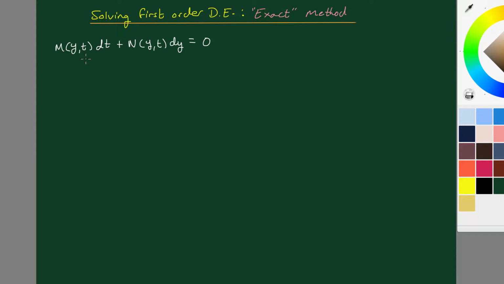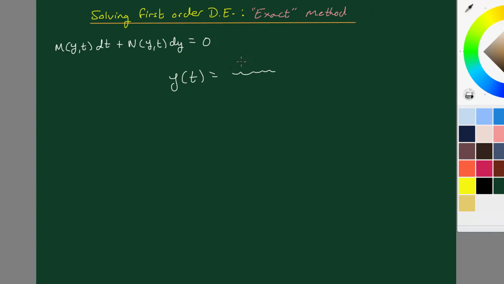Now obviously this is an implicit differential equation where the solution is going to involve y implicitly, right? So the solution to this differential equation is not going to look like y of t is equal to something.